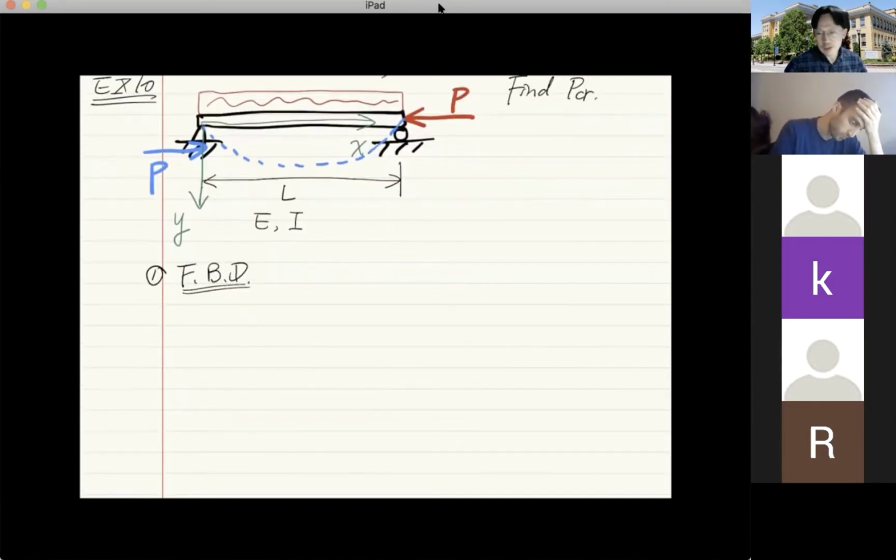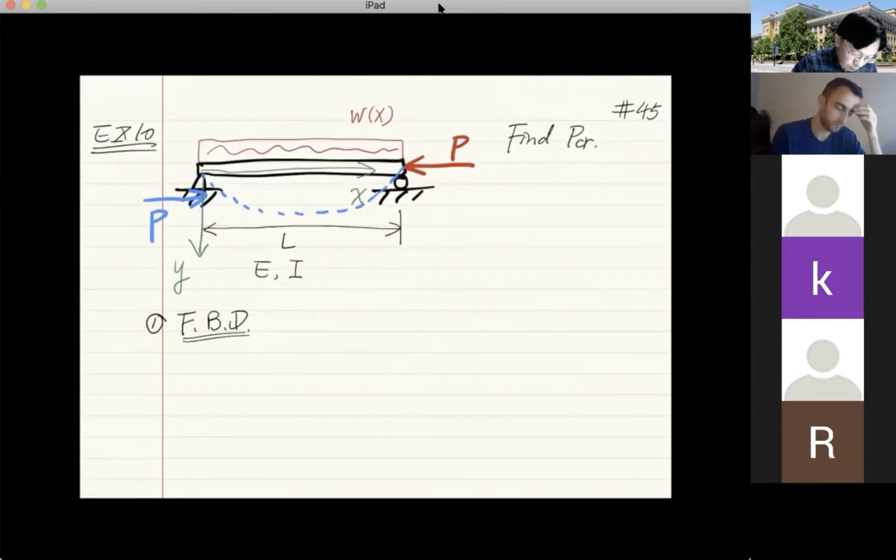Of course, we have different choices, whether you go with the second order approach or the fourth order. Suppose we go with the second order. That is the approach we are more familiar with, which means you have to take one end, one support, into account.